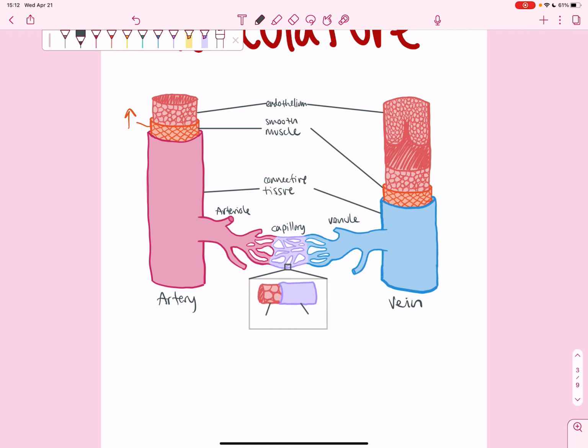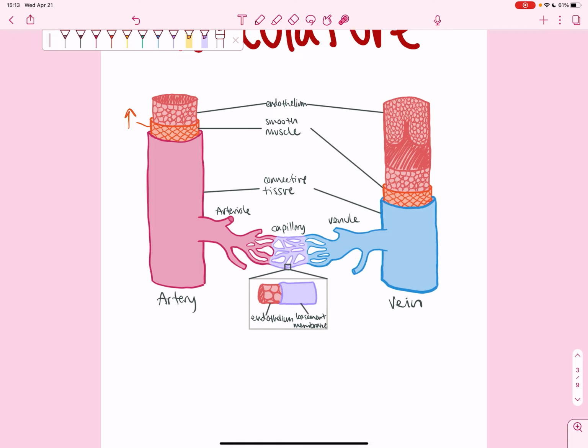So this is again the endothelium, and then we have the basement membrane. It has its own name.